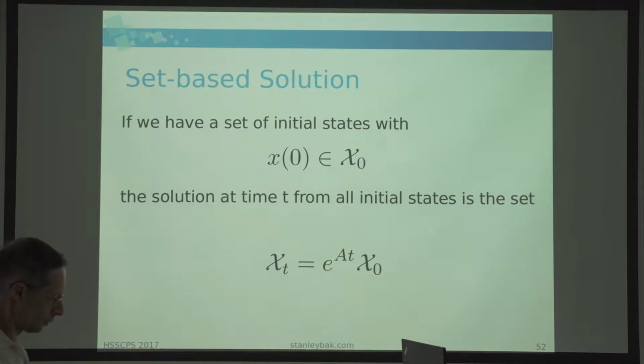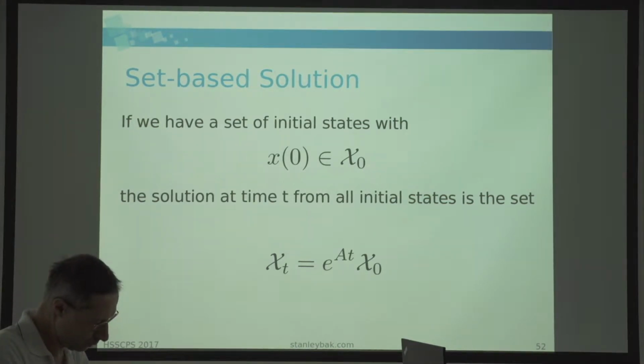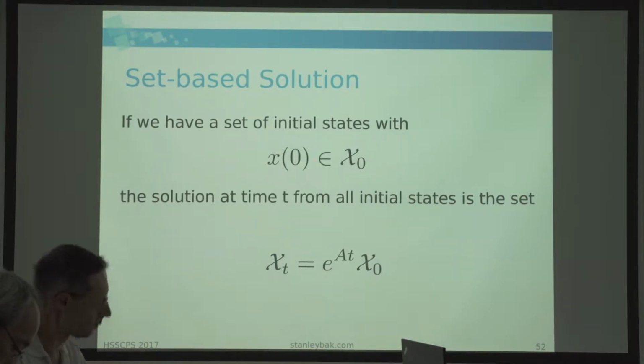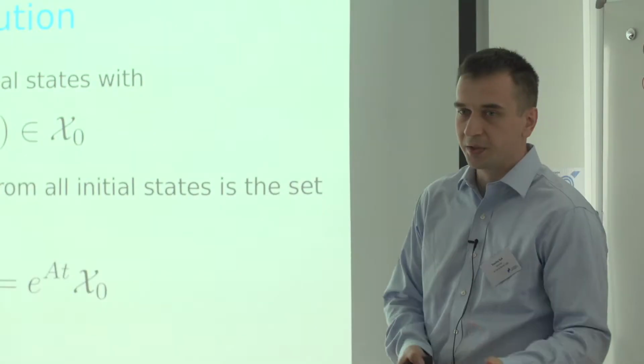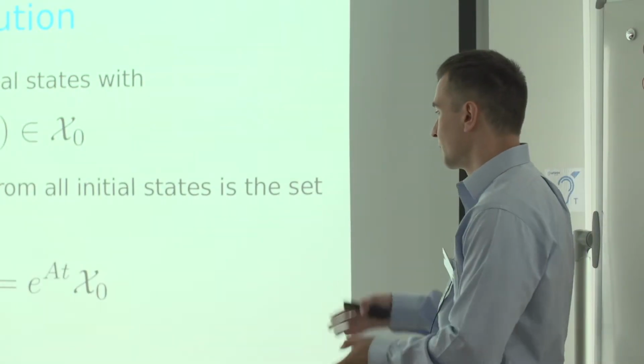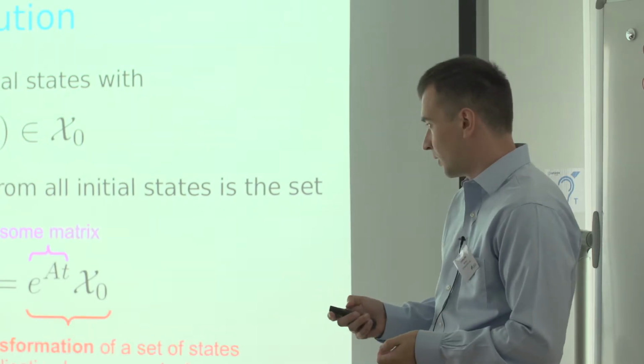So we don't want to deal with individual states. Instead, we want to deal with sets of states. If you have a set, big X naught, and your initial state is within that set, then you want to find the solution for all the trajectories that start in that set of states. We can write it as x of t is e to the At times the set X naught. This is a little bit strange because you can multiply a matrix times a vector, but what does it mean to multiply a matrix times a set?